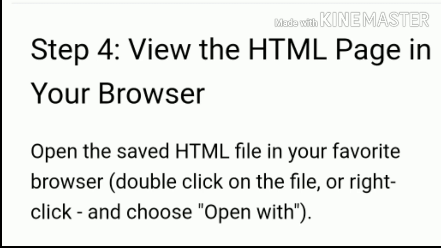Open the saved HTML file in your favorite browser. Double click on the file, or right click and choose Open with. This way the output is displayed. The result will look much like this: my first heading, my first paragraph.